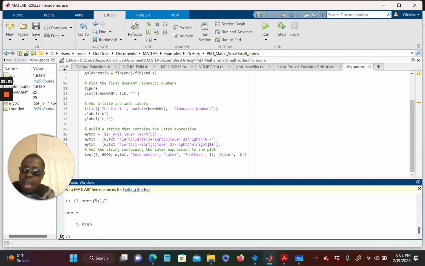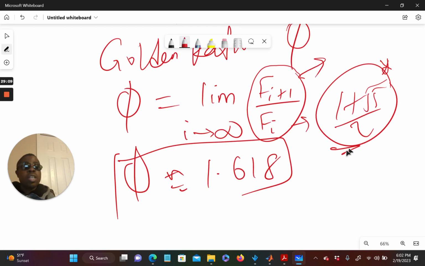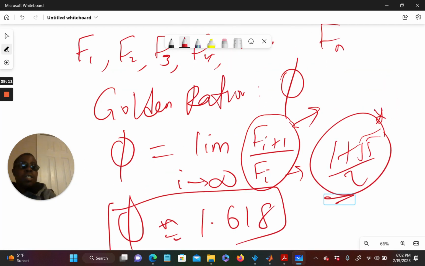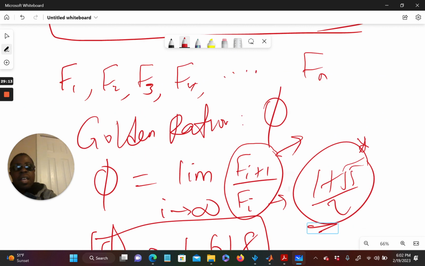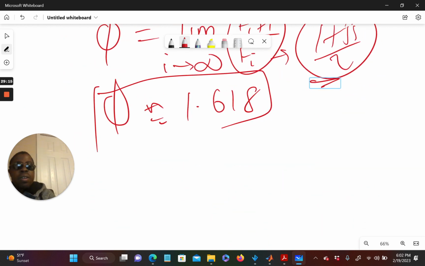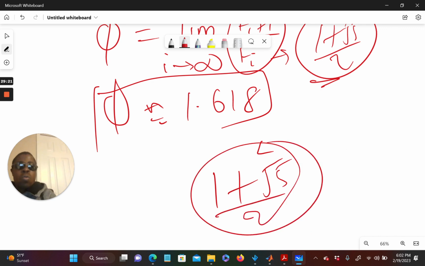See what I got? Yeah, I was right. So this is the formula for the golden ratio. Golden ratio is right here: 1 plus root 5 over 2.